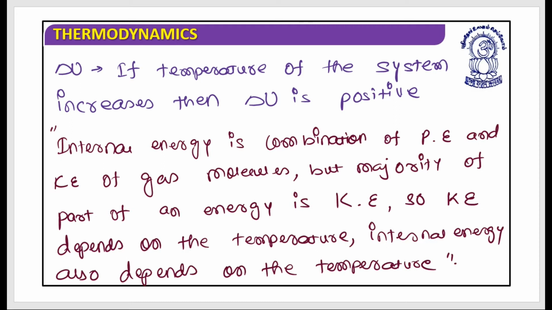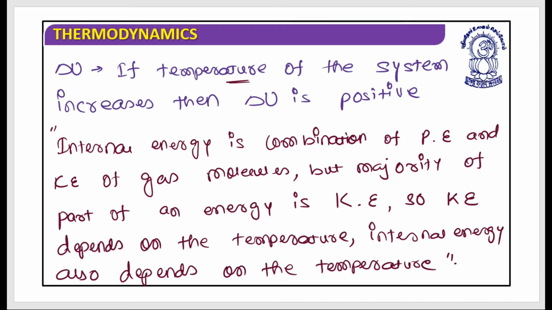But if I look at this in a very practical way, it only depends on the kinetic energy, because potential energy would be very less, and that very small amount of potential energy can be ignored if I calculate the internal energy of the system. So this kinetic energy depends on the temperature. That's why even delta U has a dependence on the temperature. I hope this is clear.